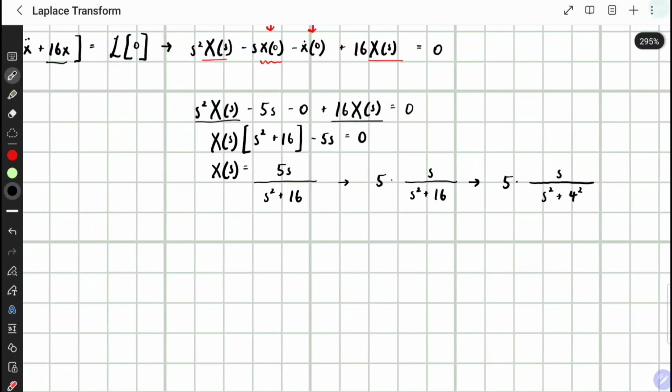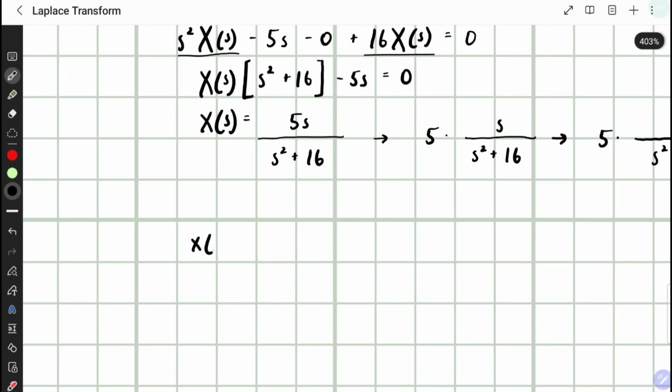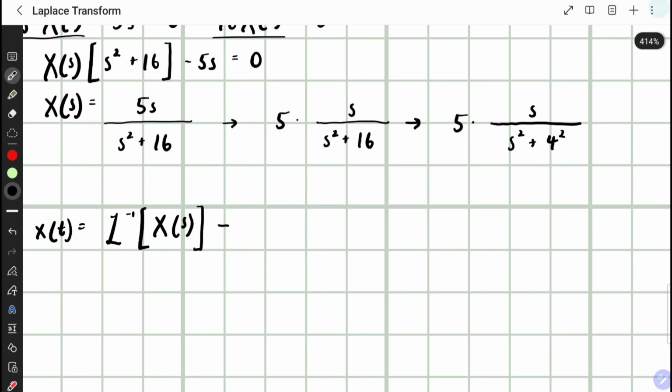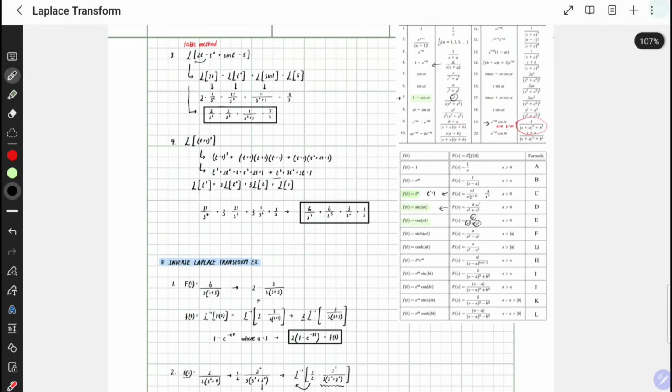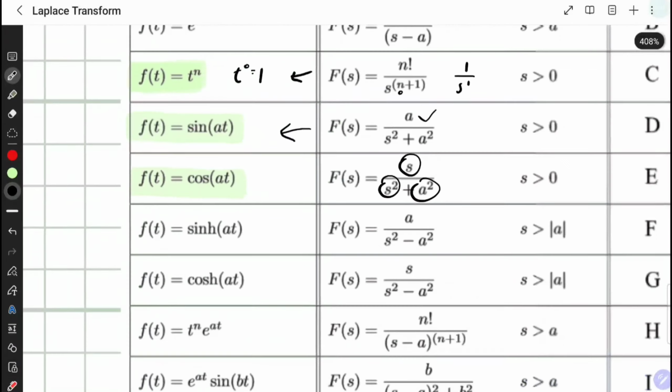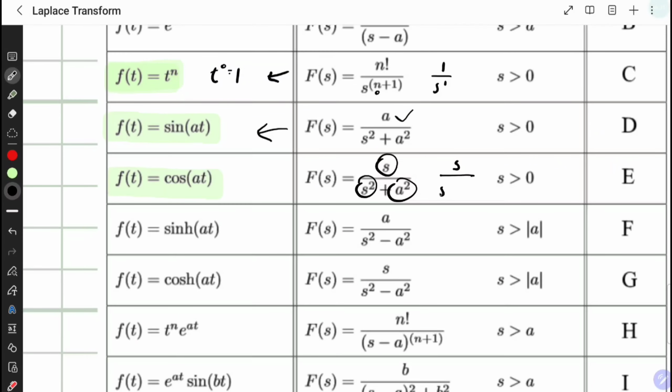So now our final x of t is equal to the inverse of our frequency domain expression, which is the inverse of 5 times s over s squared plus 4 squared. So a is just equal to 4.